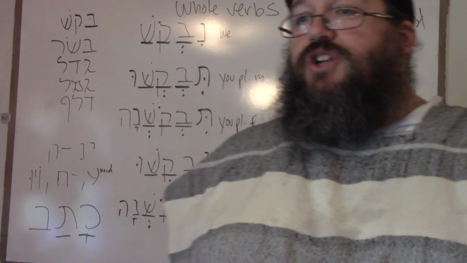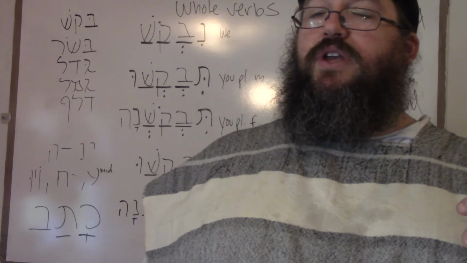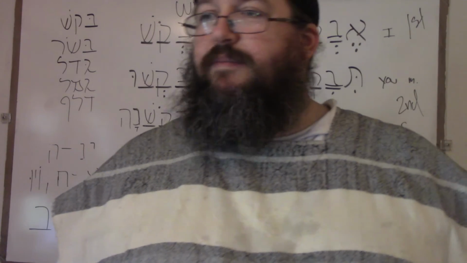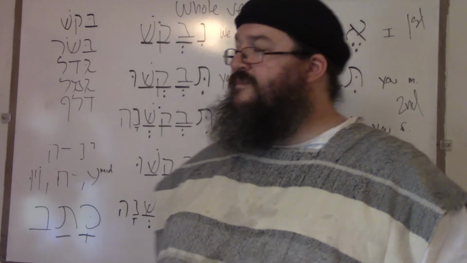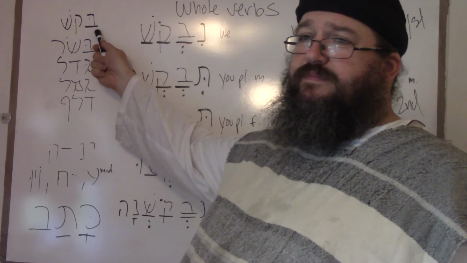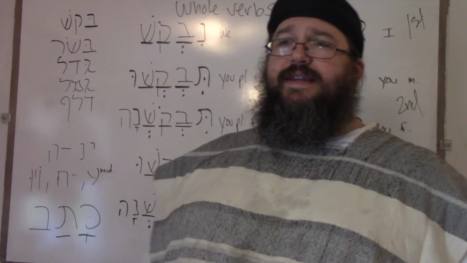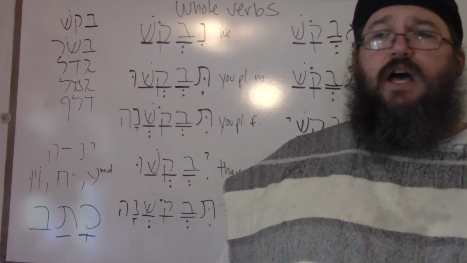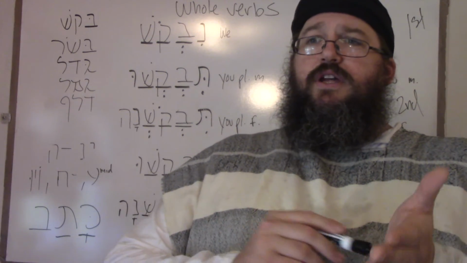So when we're changing over from English into Hebrew, we're going to have to start creating a different dynamic way of learning and thinking. That way of thinking is going to require me to say, okay, I have a root that means to seek. So when I write it down on my 3x5 card, I'm going to write on one side, bet, kof, shin, to seek.